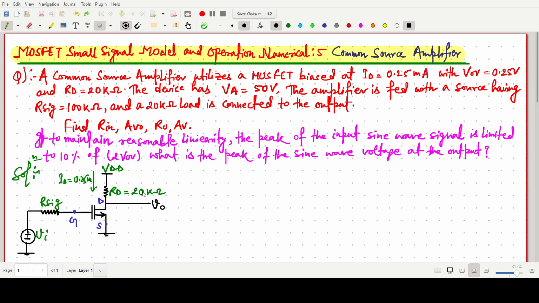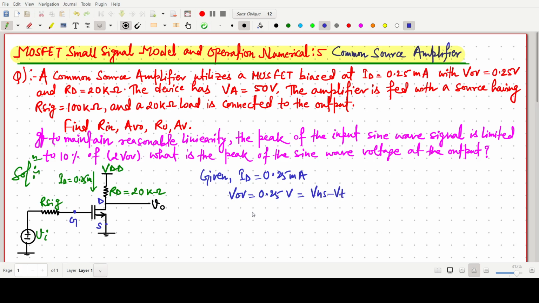and RD value is 20 kilo ohm, and the VOV, the given thing I am writing here. ID is given 0.25 milliampere, and VOV, that is our overdrive voltage, 0.25 volt, which is basically our VGS minus VT.